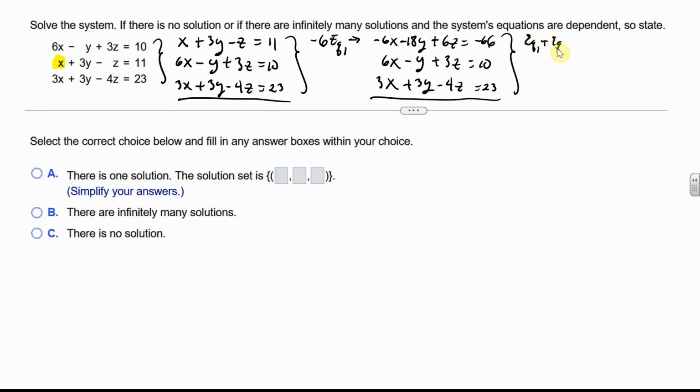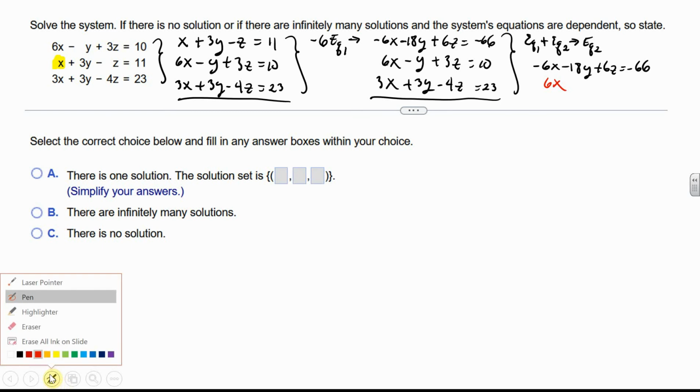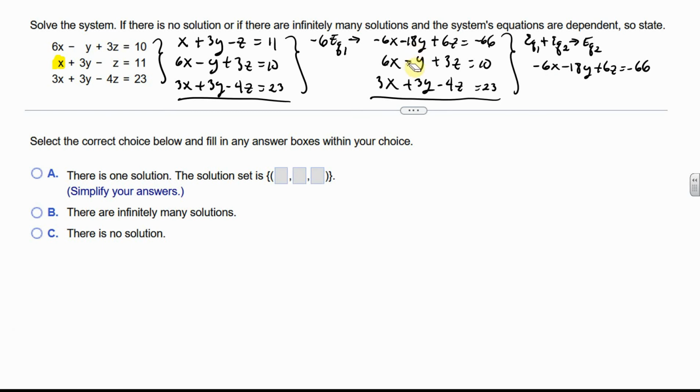That gives me a new equation 2. Here, equation 1 is negative 6x minus 18y plus 6z equal to negative 66. Adding 6x, this is minus 19y plus 9z, and that's equal to negative 56.